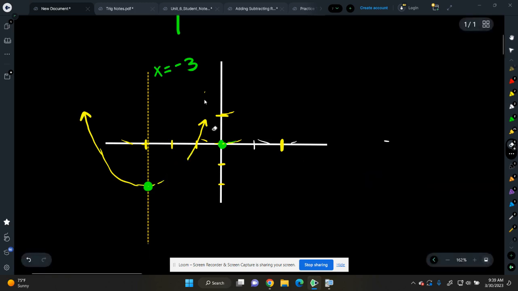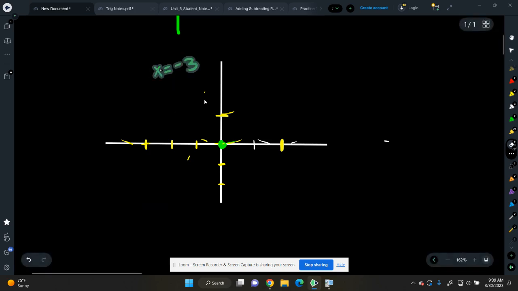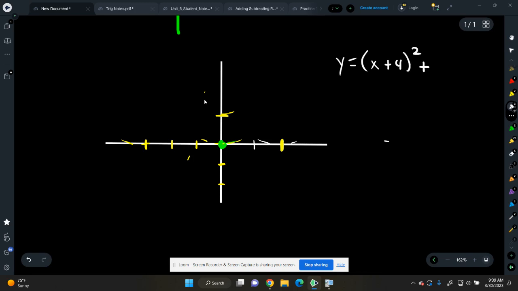Let's look at y equals (x plus 4) squared plus 3. So give me the axis of symmetry and the vertex.